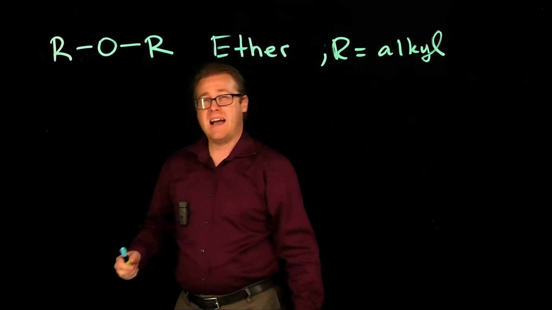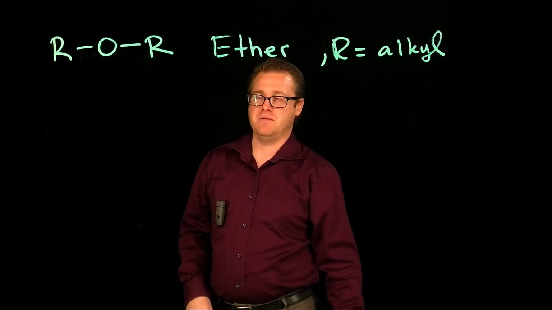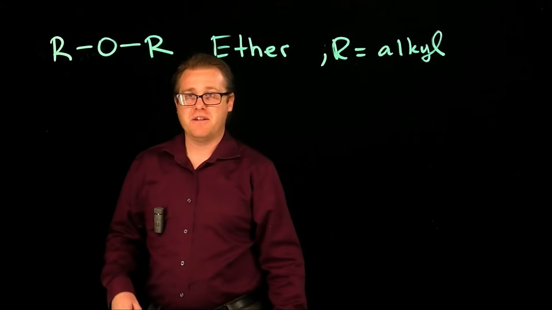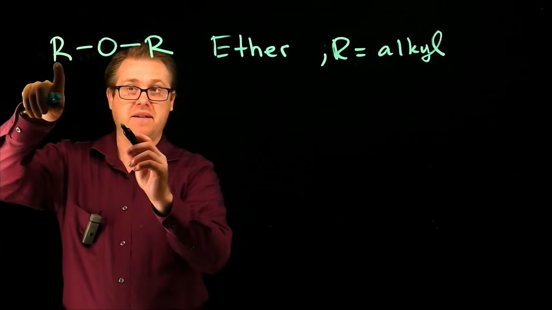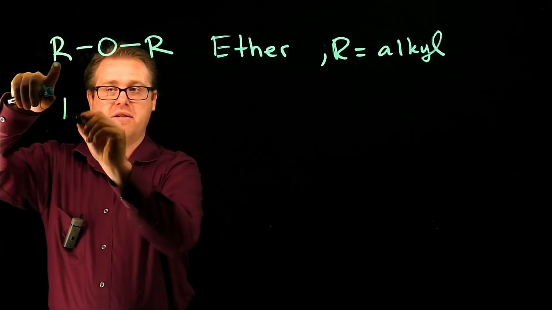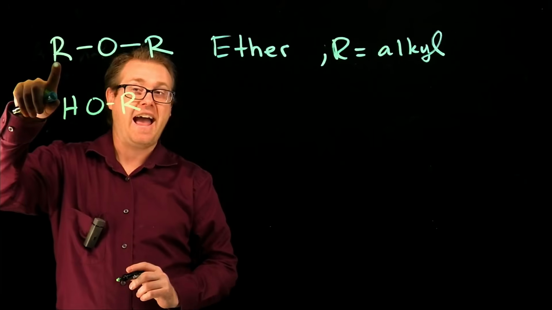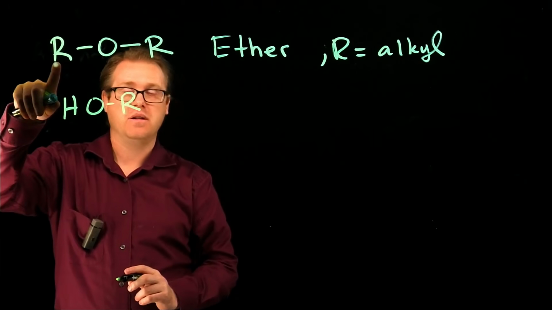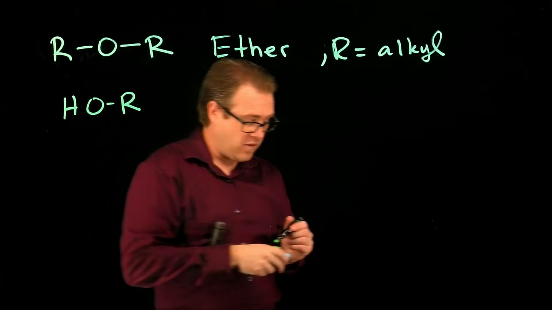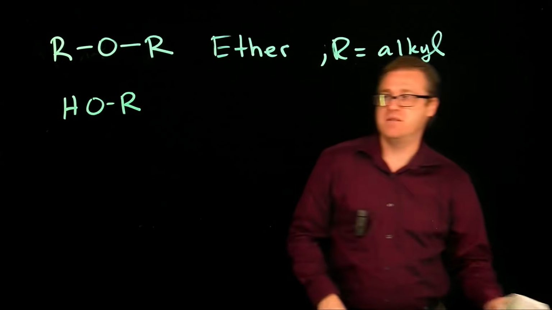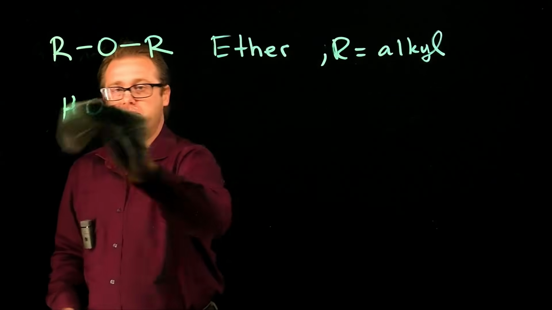So the R groups have to be alkyl, they can't be hydrogen. Because if this R group was a hydrogen, what would we get? We would get an alcohol. So the R groups here for ethers have to be alkyl.